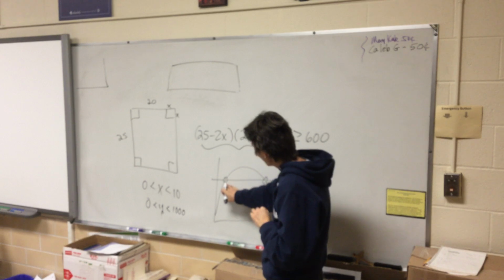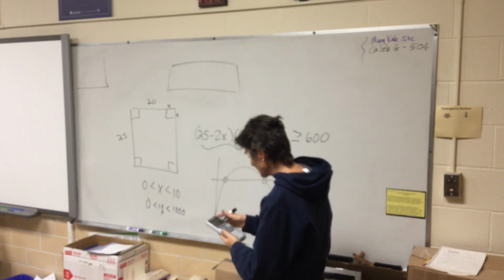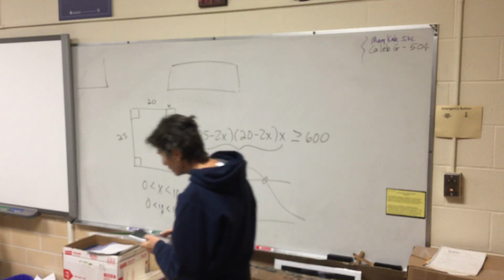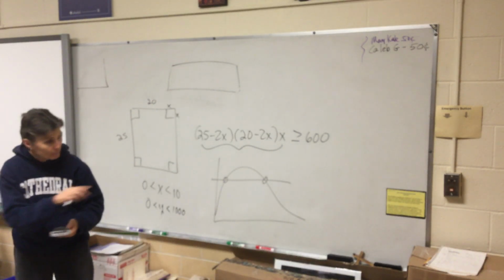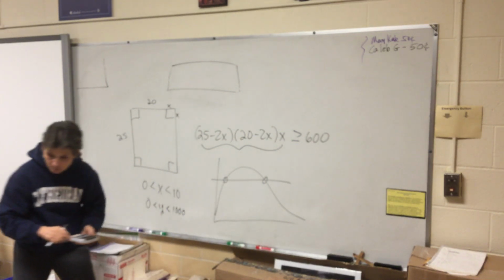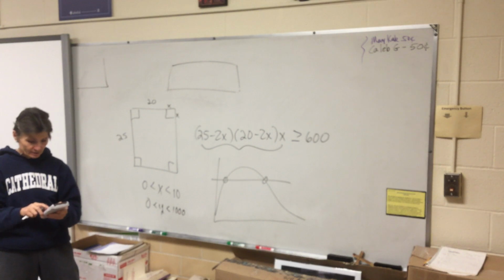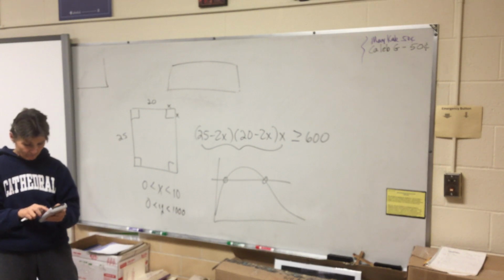So I'm going to go ahead and find those 2 points where the volume actually is 600. How would I do that? If you set it up the way I have, what will I be looking for here? How am I going to find those points? Intersect. Yep. Second calc, intersect. Perfect.